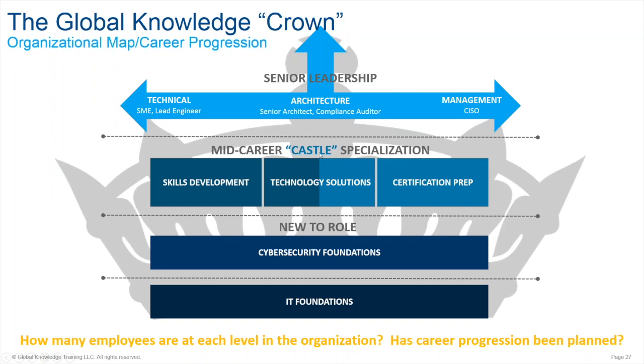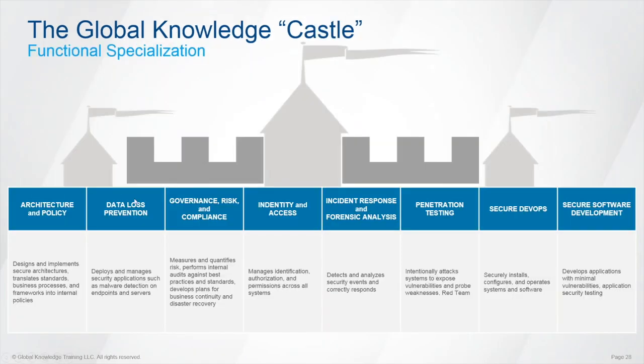Now, I mentioned the specialization here, and I want to show you just briefly what that looks like. So this is kind of a global knowledge view. These are not roles in the sense that NIST identifies roles as a summation of tasks to create a role. These are jobs. These are actually career paths that we have found in the industry that people relate to.